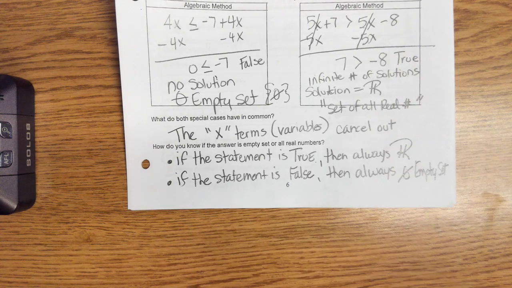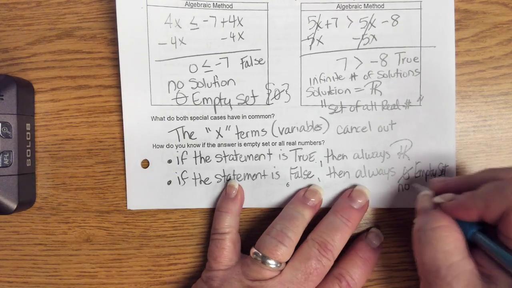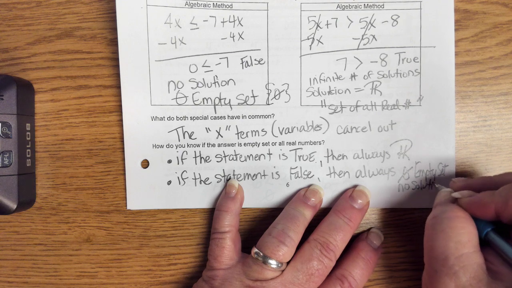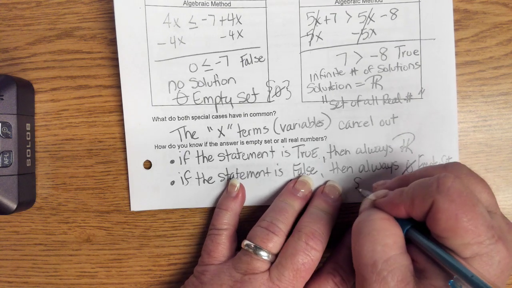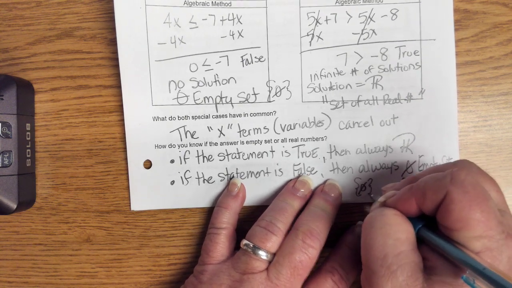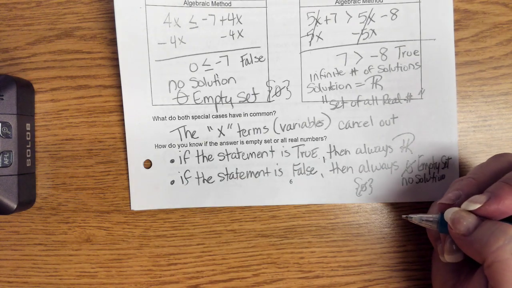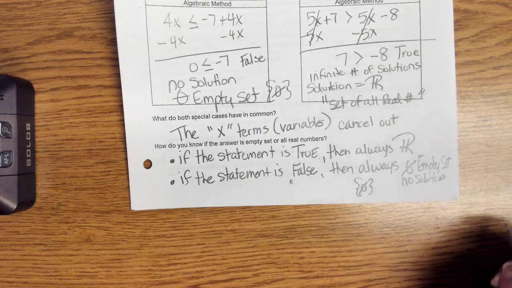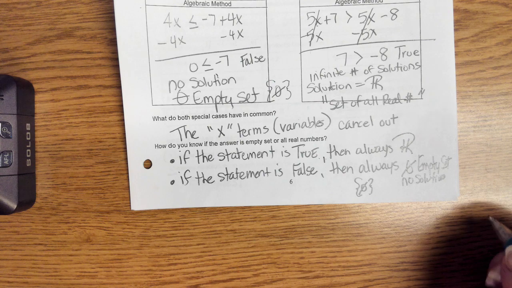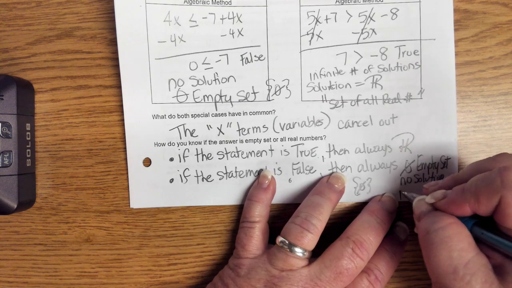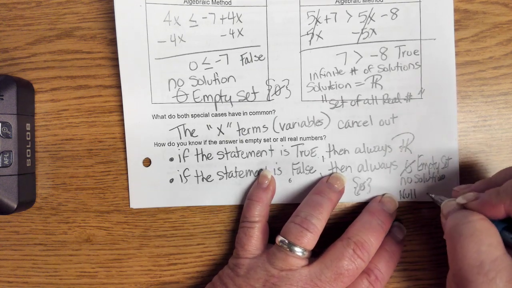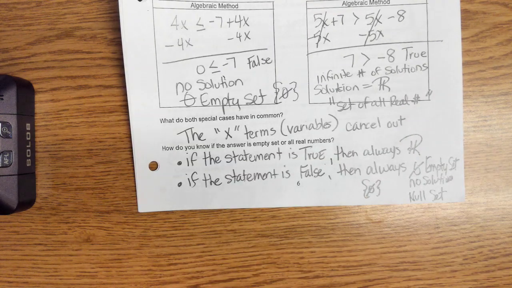You know, one other way, no solution, okay, like this. I think I've even seen the word null, N-U-L-L, used. N-U-L-L set, I think, but that's really unusual, okay?